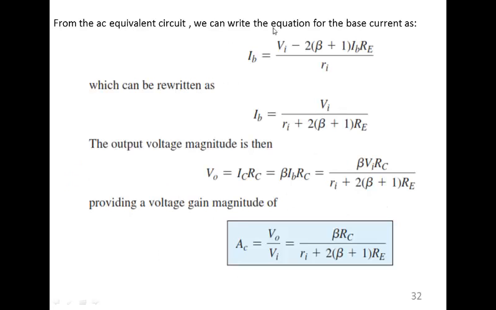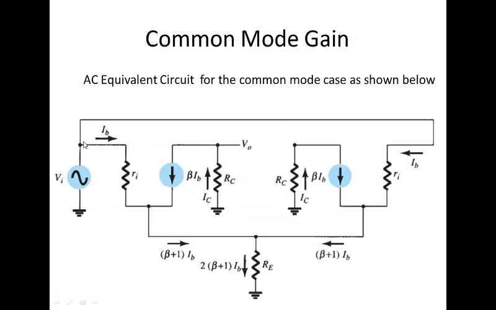So from the equivalent circuit we can write the equation for the base current as IB would be equal to V in minus this potential. This potential is the same as this potential, and this potential is equal to 2 into beta plus 1 into IB into RE. This is the current into resistance, which would be equal to this potential.